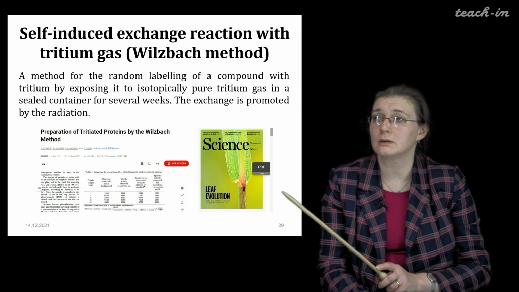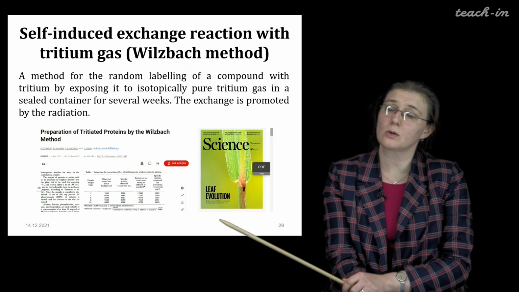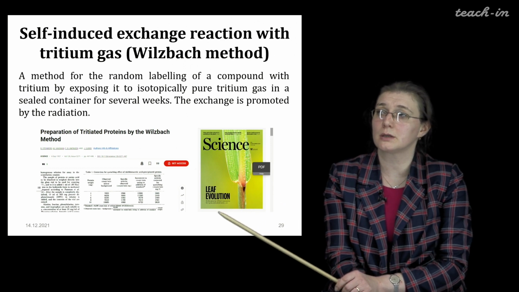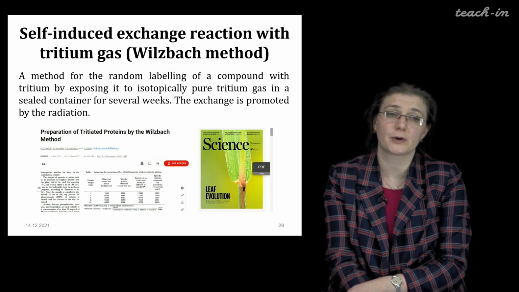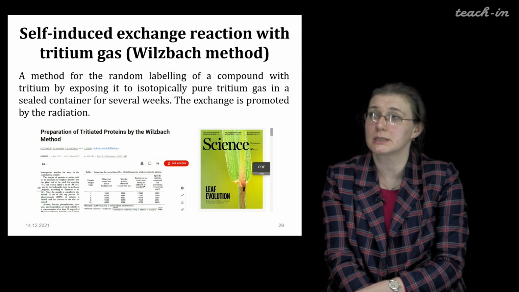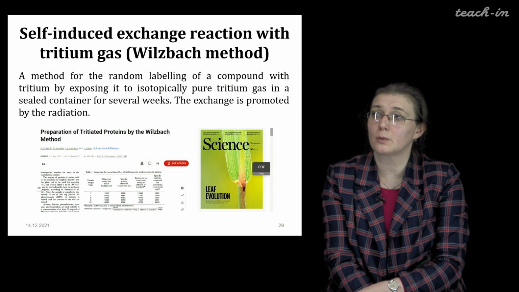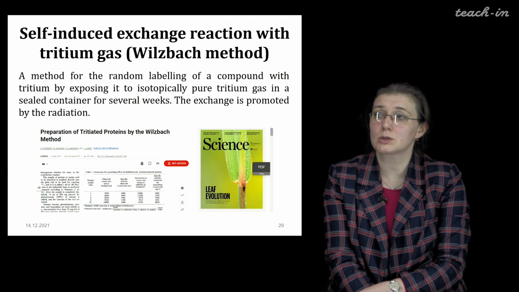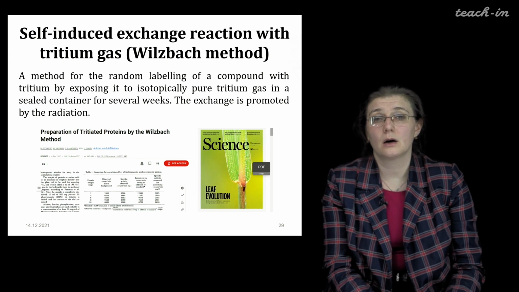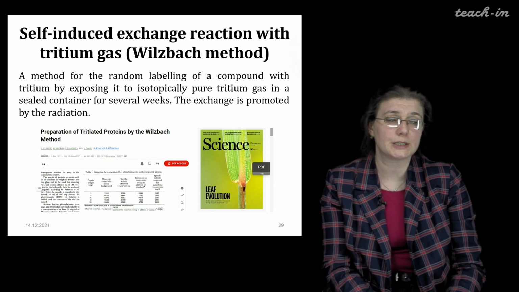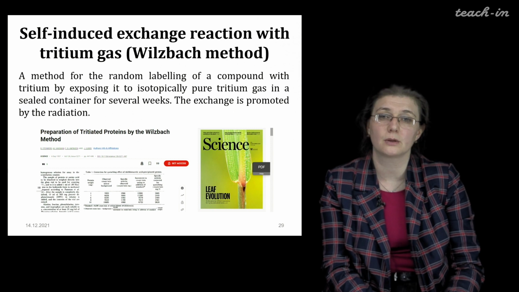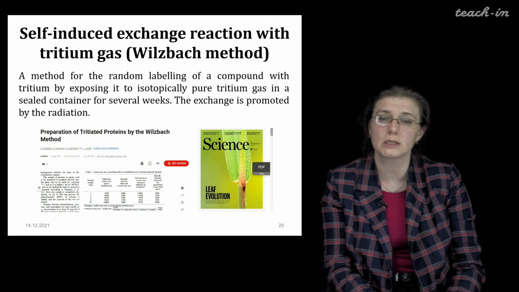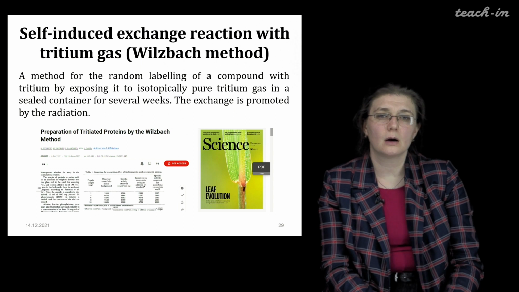This method is called after the scientist who first published it, who first provided such a synthesis. It was Wilzbach, and so the technique is called the Wilzbach method. The method is used for introduction of tritium into biomolecules, for example, biopolymers like proteins and sugars.